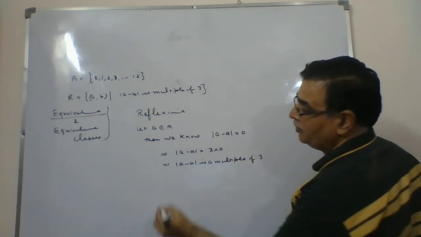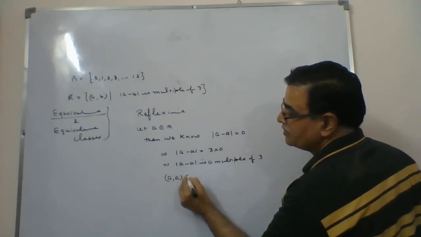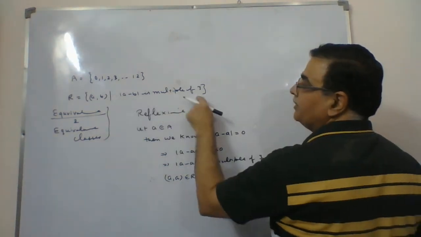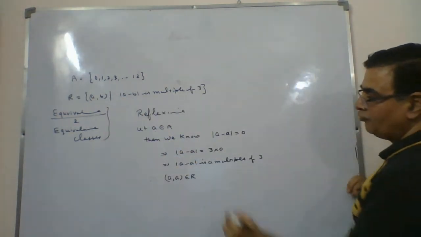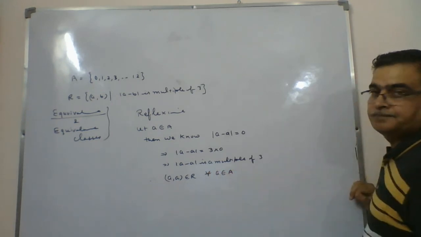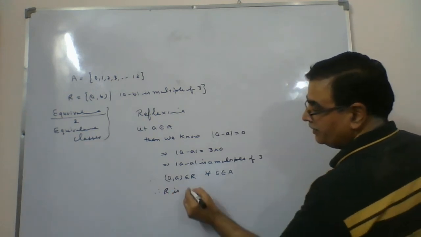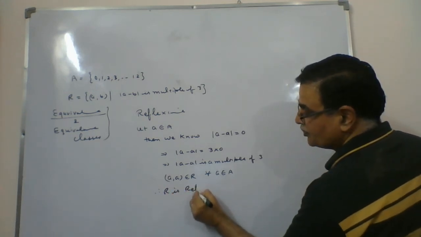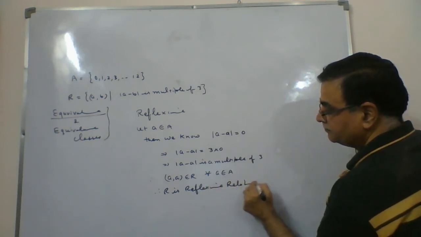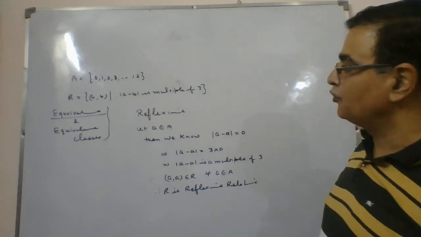And if it is a multiple of 3, therefore what should I say, (A, A) belongs to R. Because A minus A is a multiple of 3, so (A, A) belongs to R for all A belonging to set A. Therefore R is a reflexive relation. So the first part is over, that is, the reflexive relation we have proved.